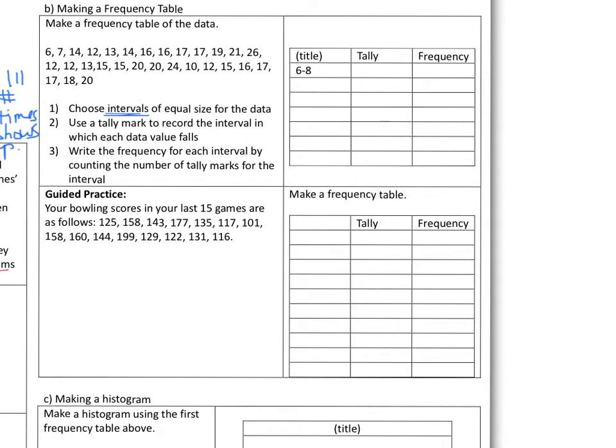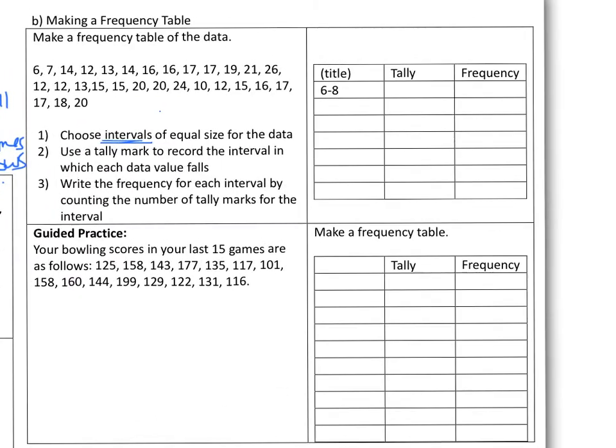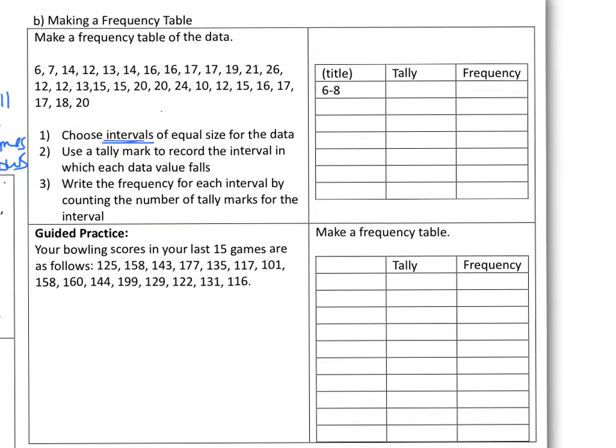So by looking at the numbers, I'm just going to choose an interval of 3 numbers, so 6 through 8, and then 9 to 11. It's up to you, but just make sure it's reasonable. 12 to 14, 15 to 17, 18 to 20, 21 to 23, 24 to 26.